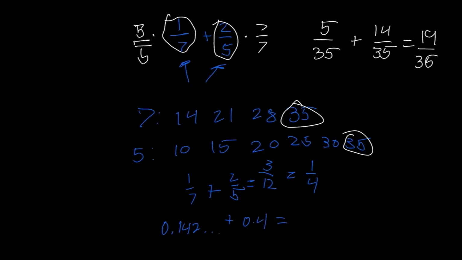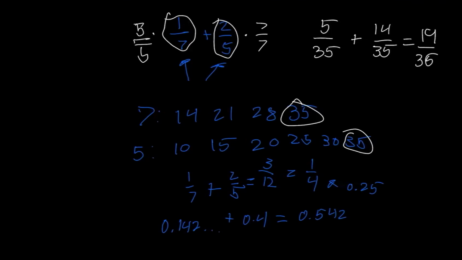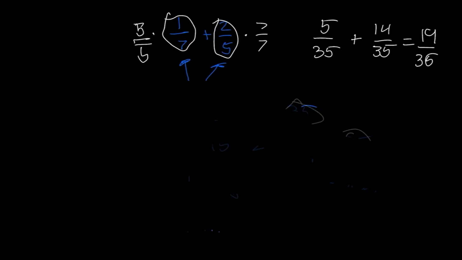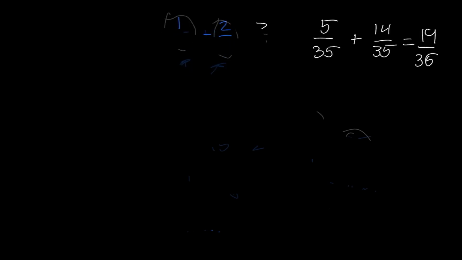That is equal to 0.542, while 1 over 4 is equal to 0.25. So those are not equal. Now I'm going to erase all of this and do more examples.